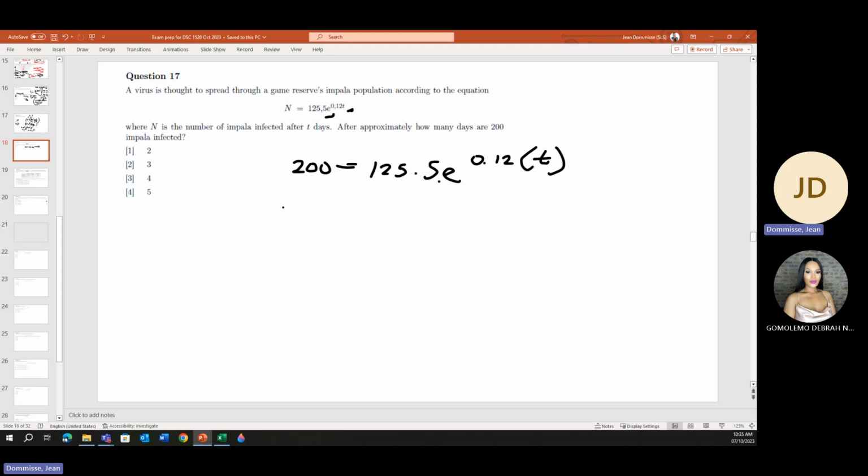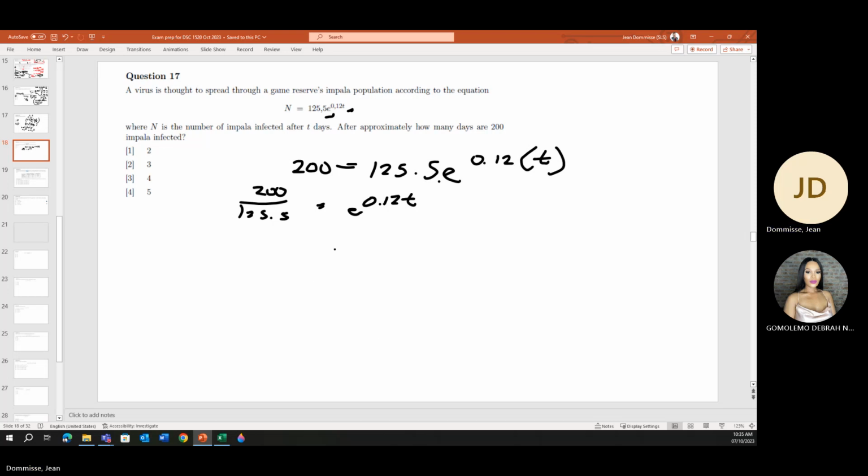But let's first. So the first thing I would do is divide on both sides with 125.5. So that gives me e to the power of 0.12t.